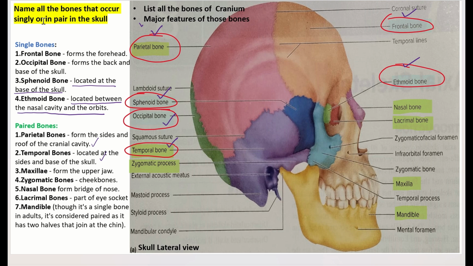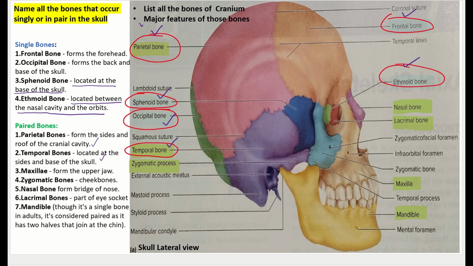That is the lambdoid structure, the squamous structure, zygomatic process, squamous structures, external acoustic meatus, mastoid process, styloid process, mandibular condyle, then the coronal suture, temporal lines, nasal bone, lacrimal bone, zygomaticofacial foramen, then infraorbital foramen, zygomatic bone, maxilla, temporal process, mandible, and mental foramen. So these are the different features of the cranium bones.